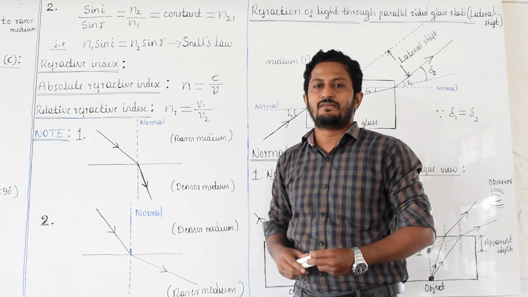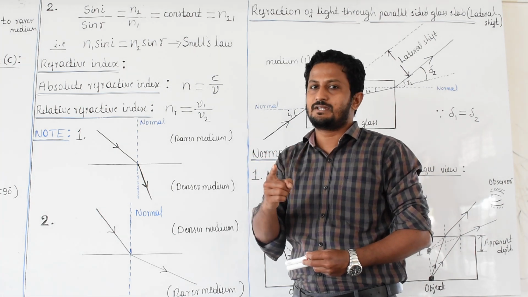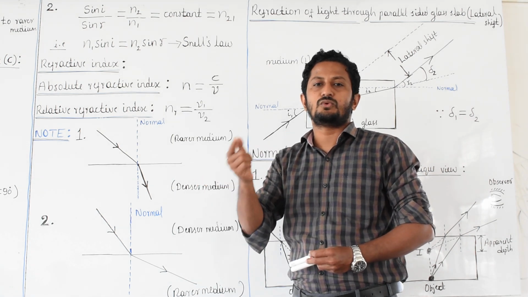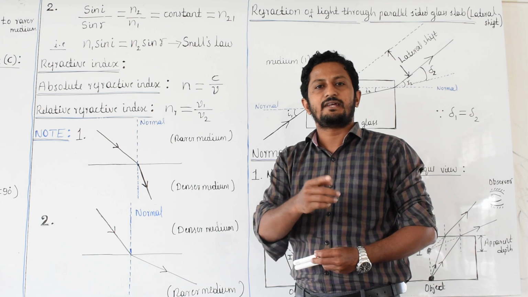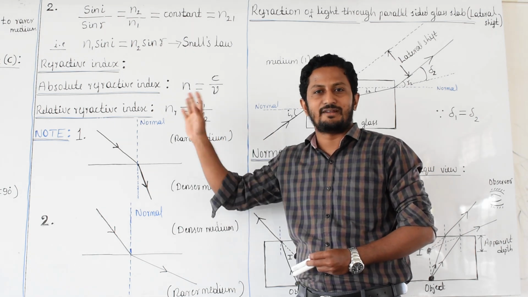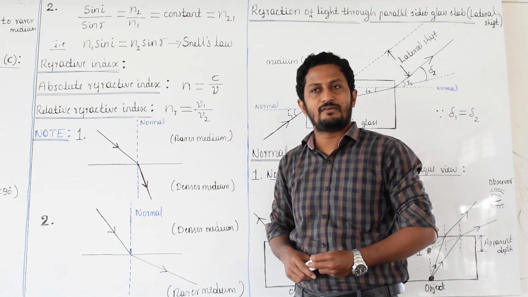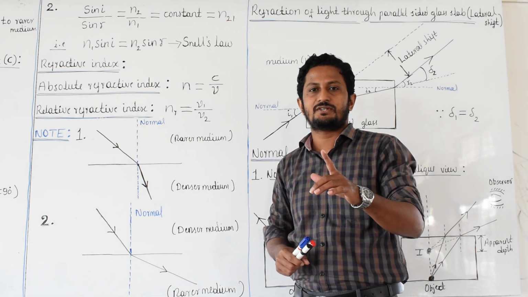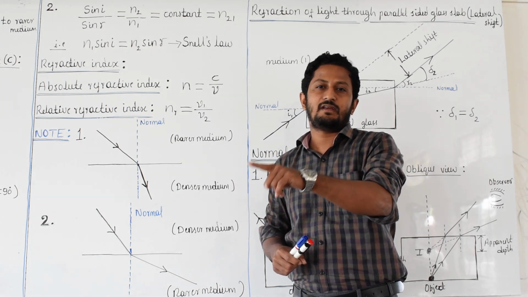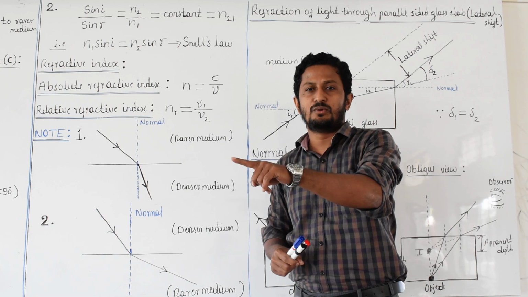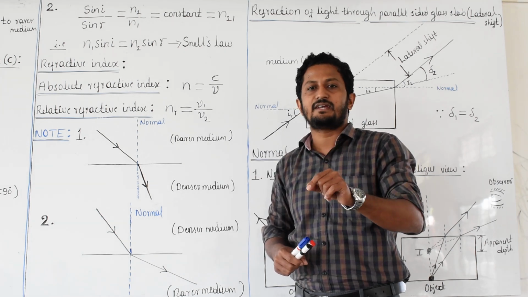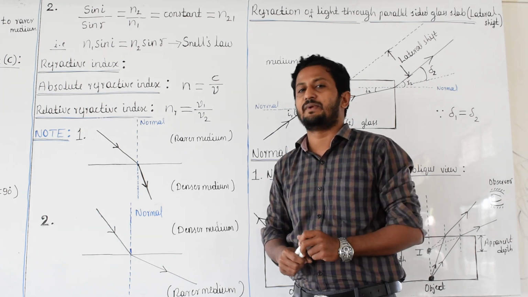the ratio of speed of light in air or vacuum to the speed of light in any other given medium. What is it telling? The ratio of speed of light in air or vacuum to the speed of light in any other given medium.